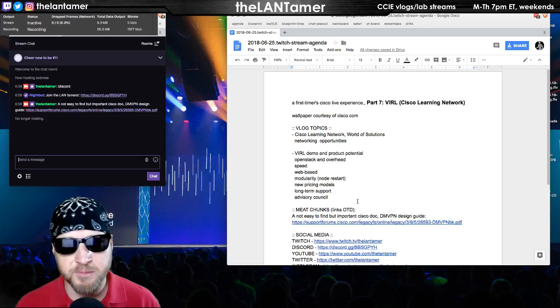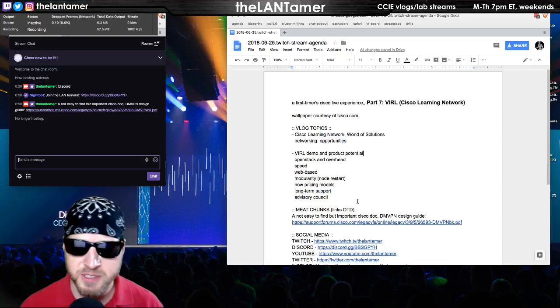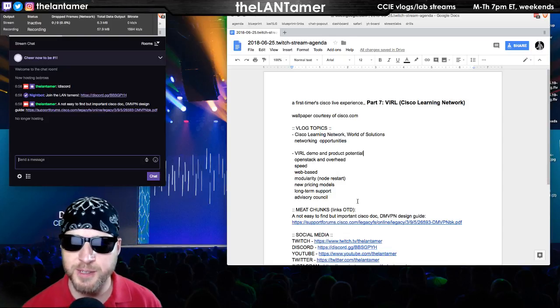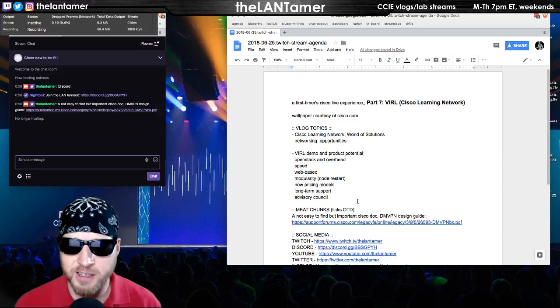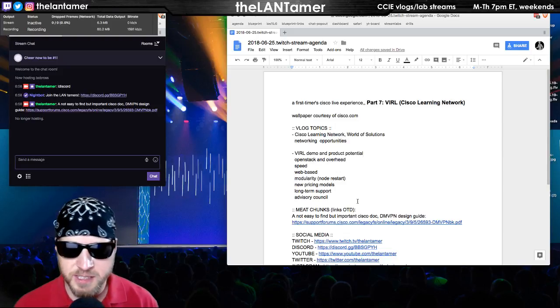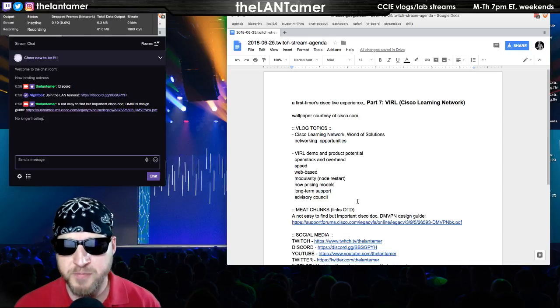It does give it some flexibility in terms of deployment options and potentially future deployment options, places you can put it, in the cloud or in your own environment. Scalability, I guess, is a term I'm looking for. So the fact that it was built around OpenStack does give it a lot of options in terms of scalability.